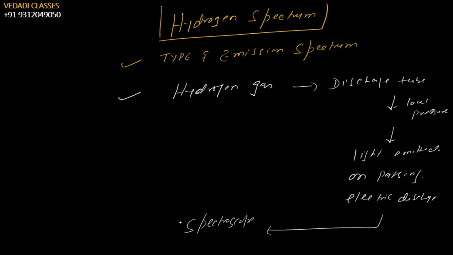When it is observed by a spectroscope, then a series of different lines is observed. These lines form the hydrogen spectrum. Have a look here.